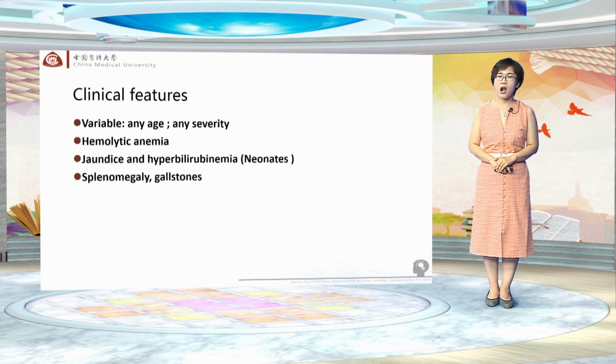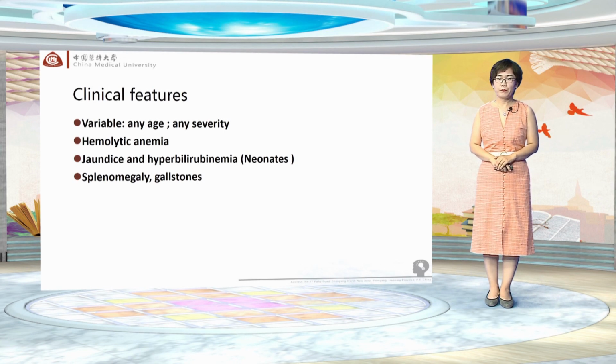Clinical features are variable. It can present at any age and with any severity. The majority of affected individuals have mild or moderate hemolytic anemia. Neonates with hereditary spherocytosis often present with jaundice and hyperbilirubinemia.